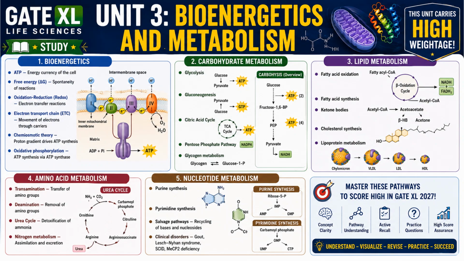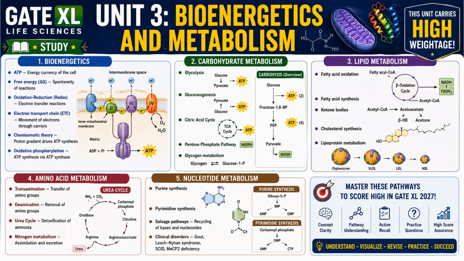Then we have the amino acid metabolic process, with processes like transamination, deamination, and the removal of ammonia from our body through the urea cycle, also called the Krebs-Henseleit cycle. That is normally for detoxification and normal nitrogen metabolism.